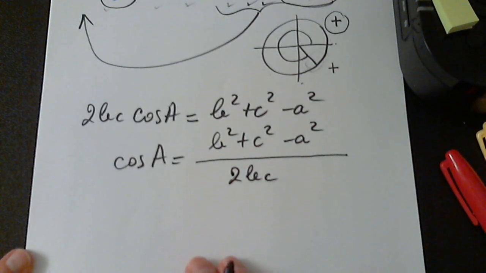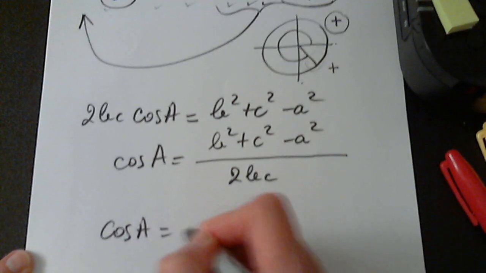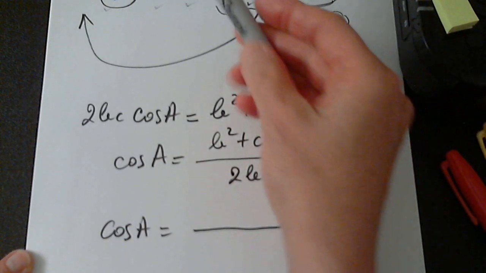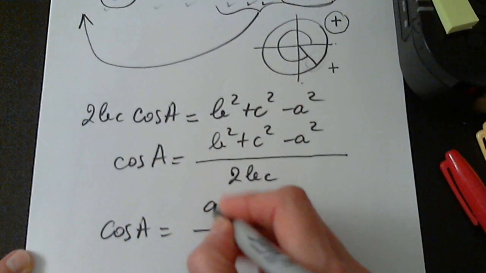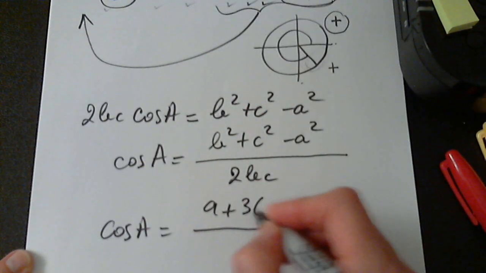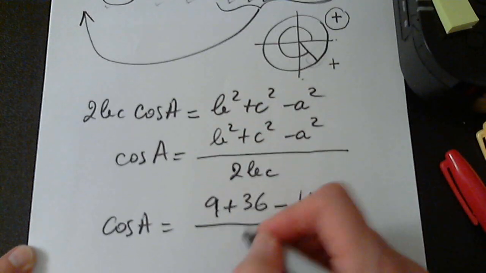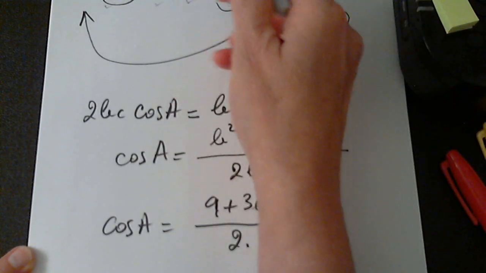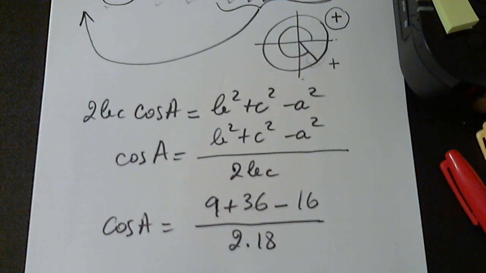But now I plug it in because I have everything. So then cosine A equals B squared, 9, plus C squared, 36, minus A squared, 16, over 2 multiplied by B times C, 18. I refuse to do this by hand.